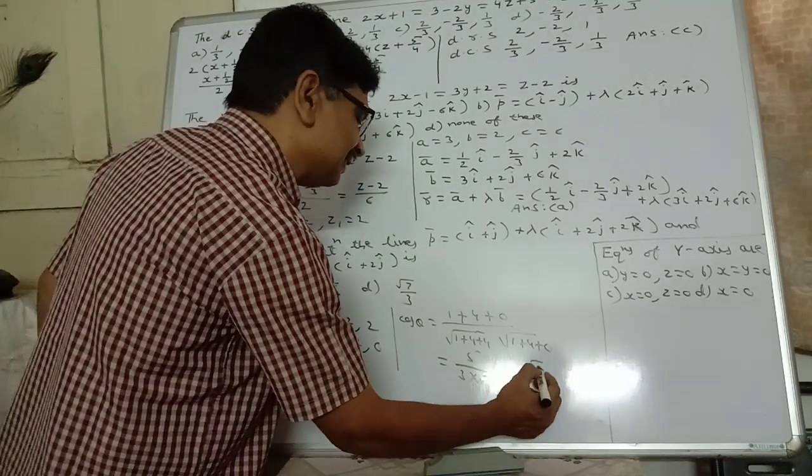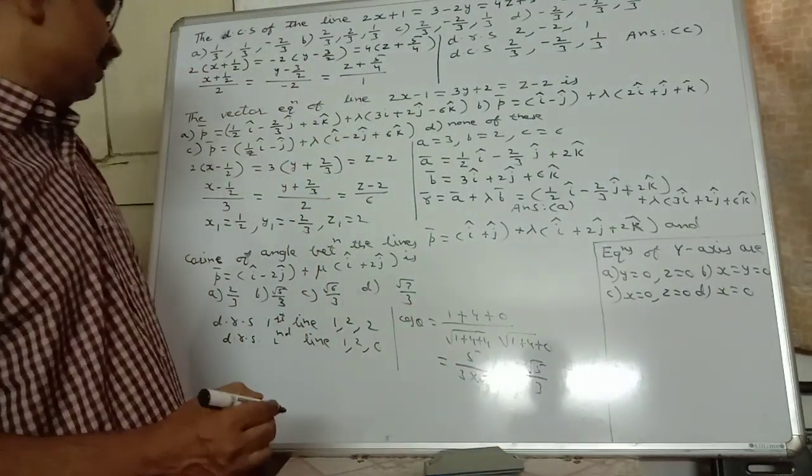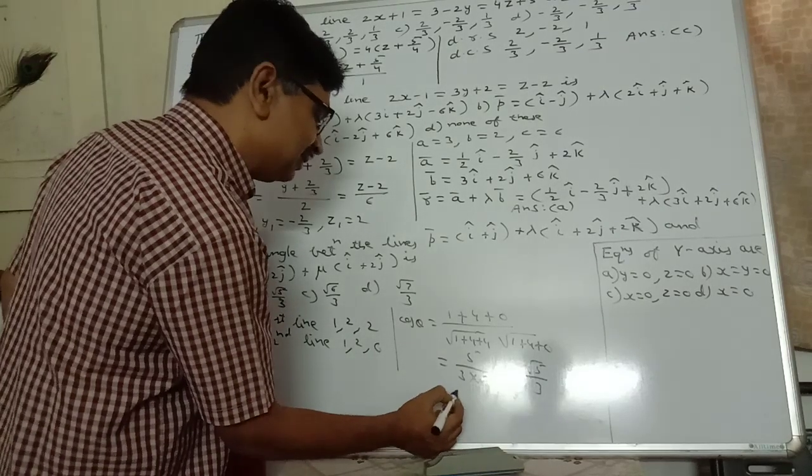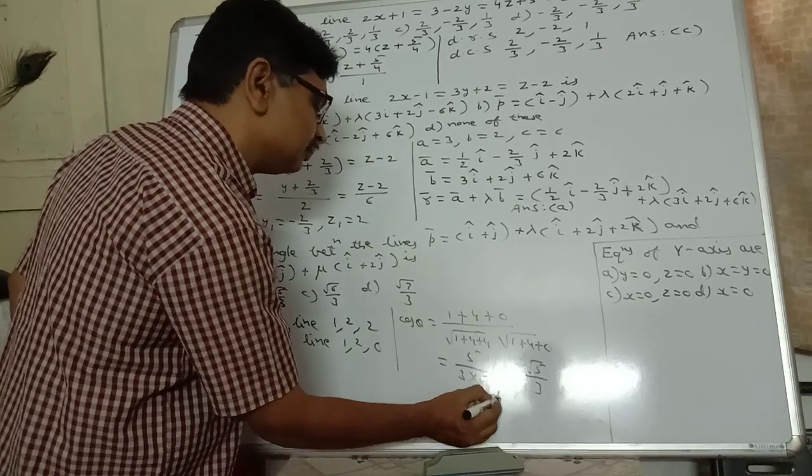One factor gets cancelled. So root 5 by 3. So here the answer is option B.